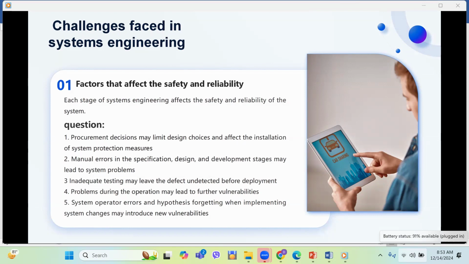Human errors in the specification, design, and development stages may lead to system problems. 3. Inadequate testing may leave defects undetected before deployment. 4. Problems during operation may lead to further vulnerabilities. 5. System operator errors and forgetting assumptions when implementing system changes may introduce new vulnerabilities.